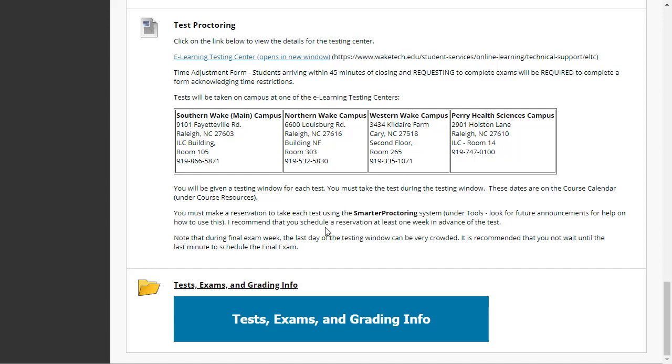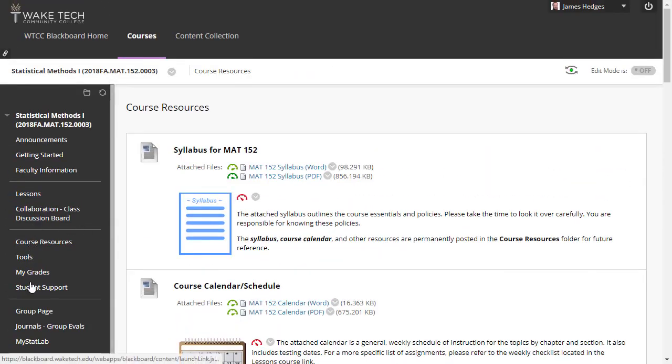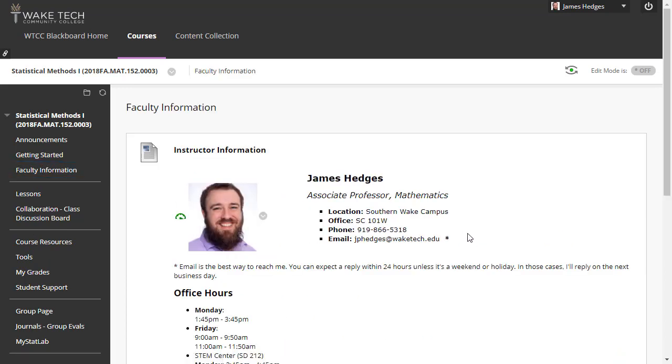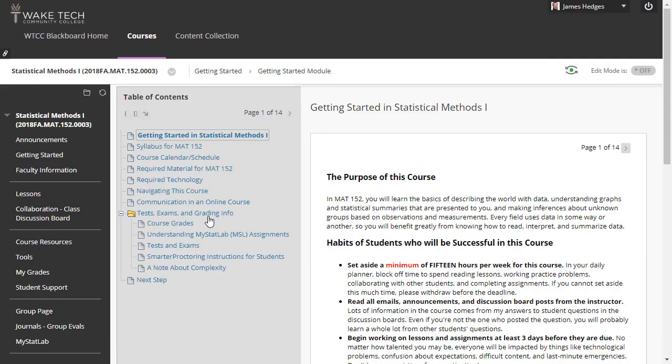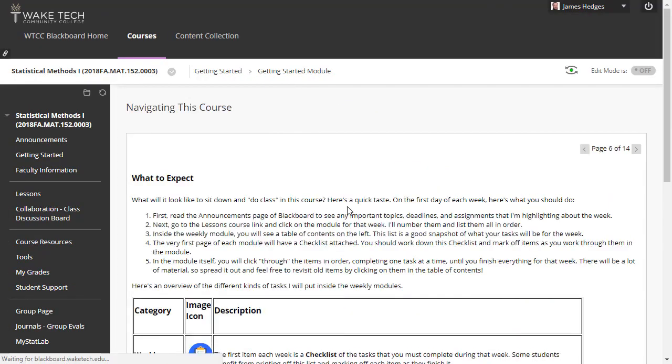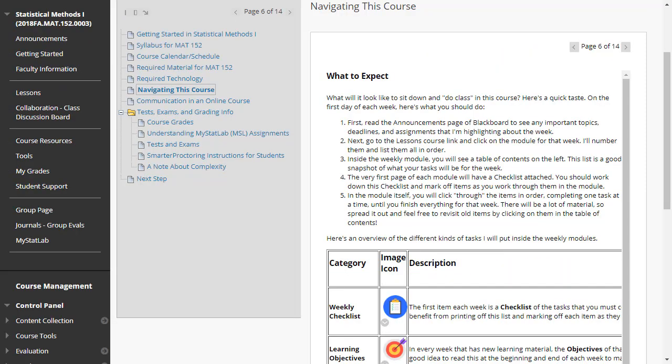So in summary, some of the changes I've made to this class include the look and information in the faculty information page to make it more personal, the different icons which are used to help students see how the different elements of the course are structured together, and the navigation of the course being consistent using learning modules, which puts students through the material in a specified order.